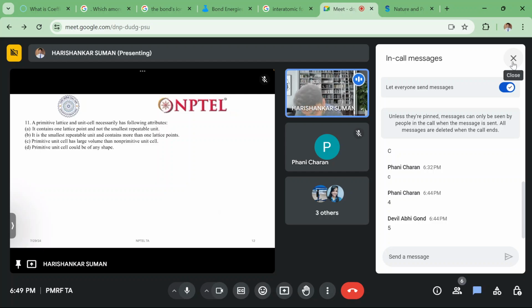Next question. A primitive lattice unit cell necessarily has the following attributes. This is a question about the unit cell and the primitive lattice. Do you know the definition? What is primitive? What is a unit cell?